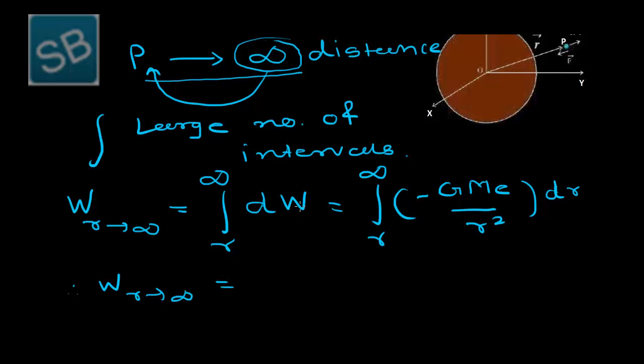W from r to infinity is equal to minus GMe, which is common, so I am taking it outside of the integration, integral from r to infinity of 1 over r square dr. And so I can easily take the integration of the inside term. It is equal to minus GMe.